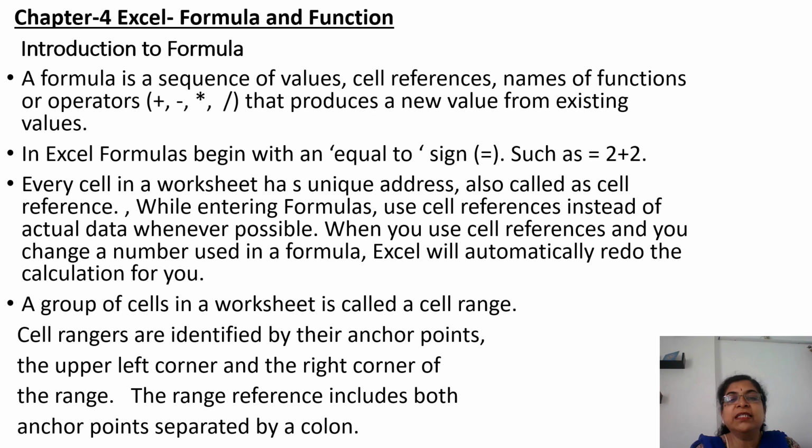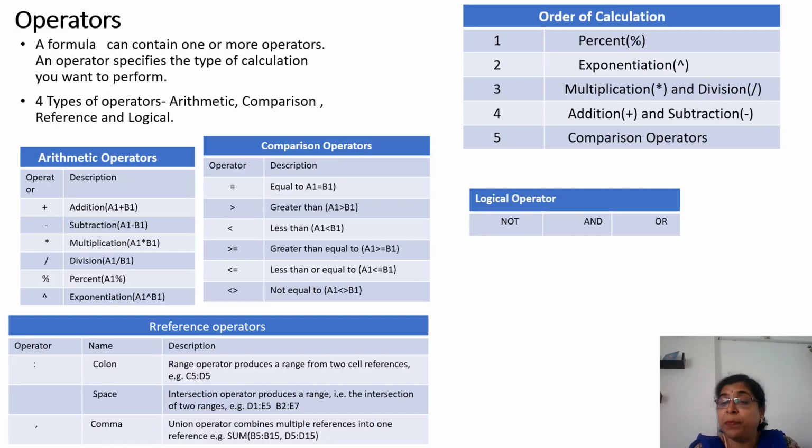A group of cells in a worksheet is called a cell range. Cell ranges are identified by the anchor points, the upper left corner and the lower right corner of the range. The range reference includes both anchor points separated by a colon. Now operators. There are arithmetic operators, comparison operators, reference operators, logical operators, and order of calculation.